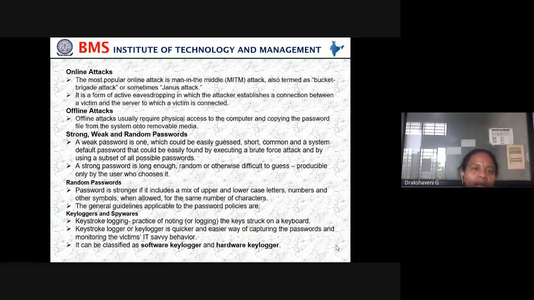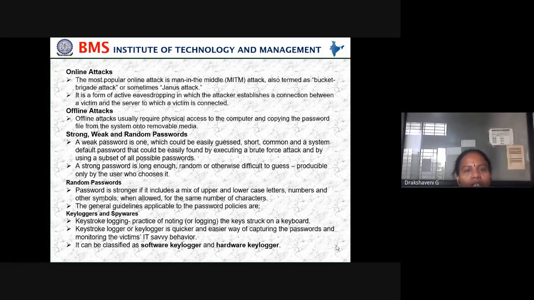First one, online attacks. The most popular online attack is man in the middle, that is MITM. What is that? The most popular online attack is the man in the middle attack, also termed the bucket brigade attack, or sometimes even called the Janus attack.